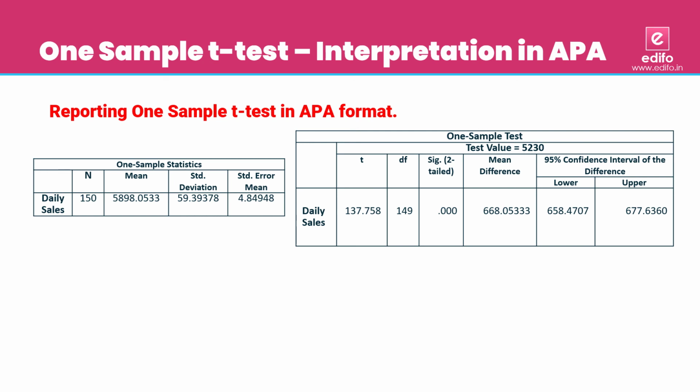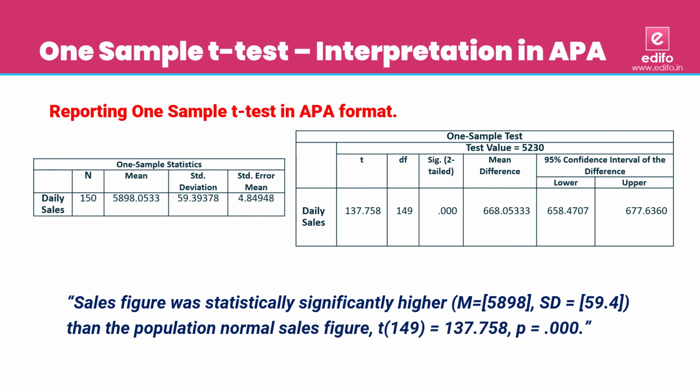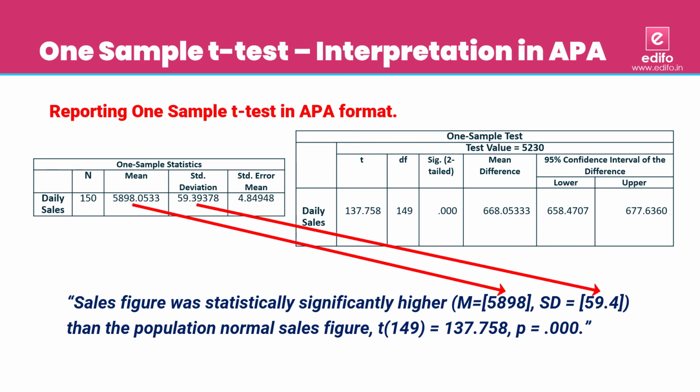So just copy those tables to a report, and this is the format of APA reporting. Sales figure was statistically significantly higher. Within brackets, M, that is the mean, 5898, standard deviation 59.4, than the population normal sales figure.